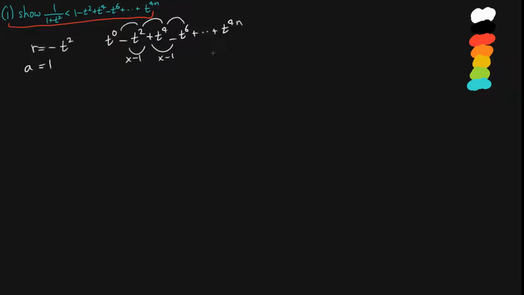But the number of terms is a bit more difficult because not only are we going up by 2, but we're also ending up on 4n. However, there is a really nice trick we can use to count the number of terms. So what we'll do is we'll take the index of each term and just write them out as a row of numbers.